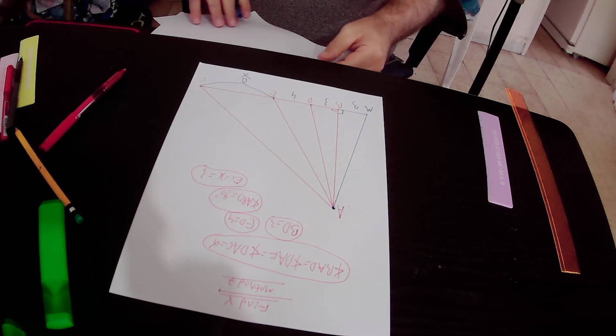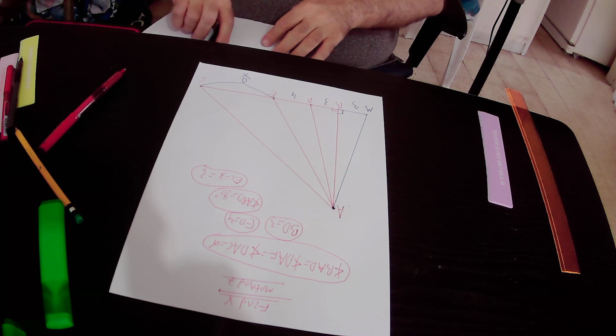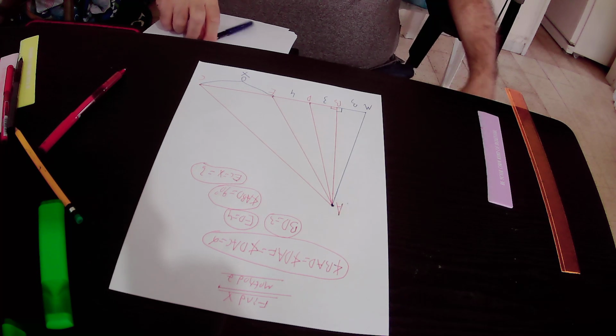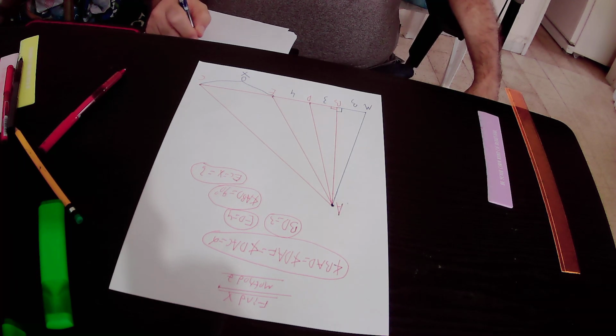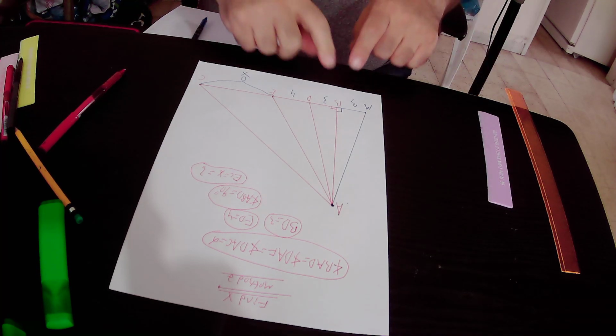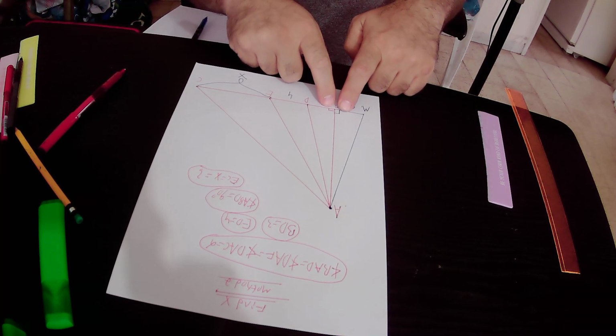And we also know that those two angles are equal to each other. That is to say, angle ABM equals angle ABD equals 90 degrees. Those two angles are right angles, they are equal to each other.